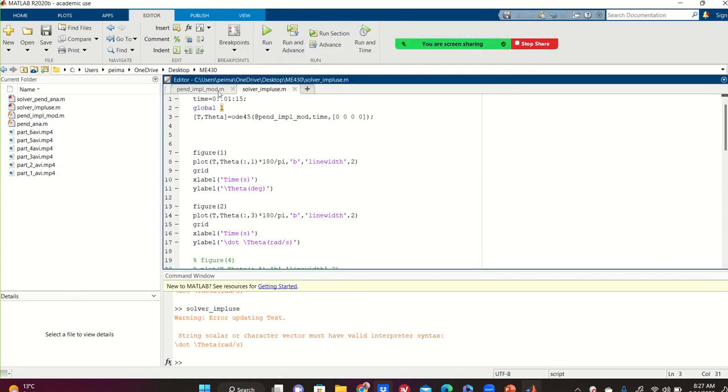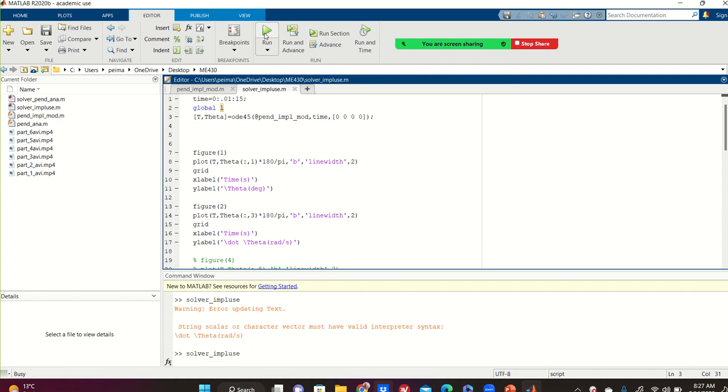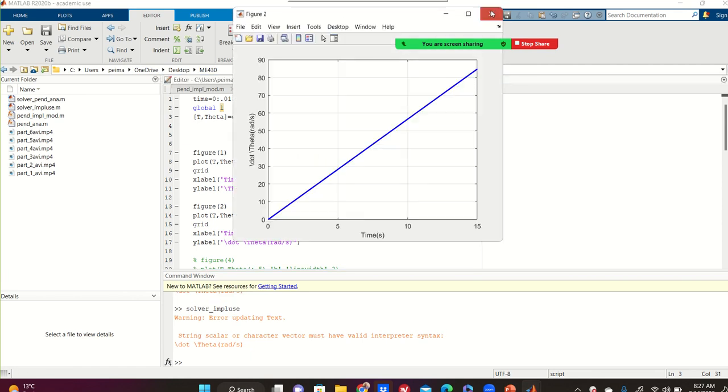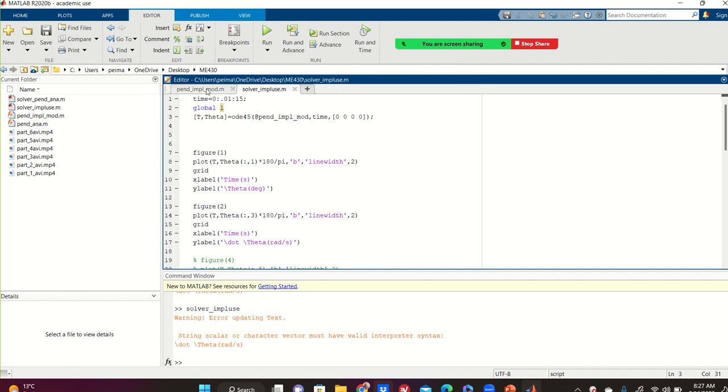I make this to make it visible. T and theta.